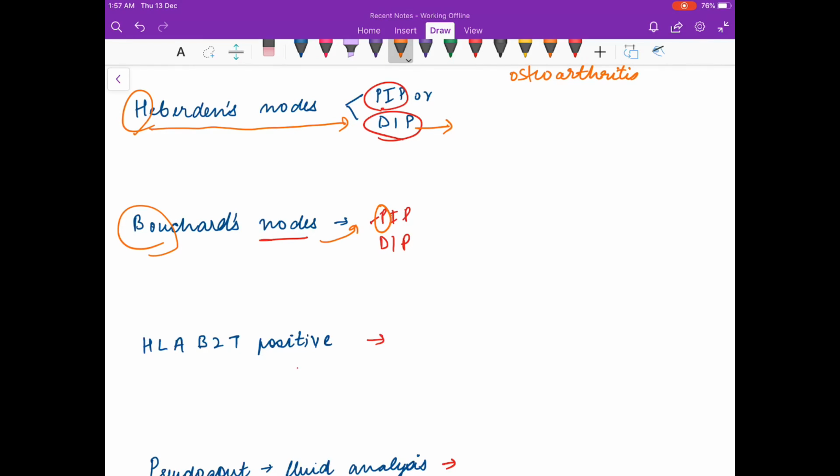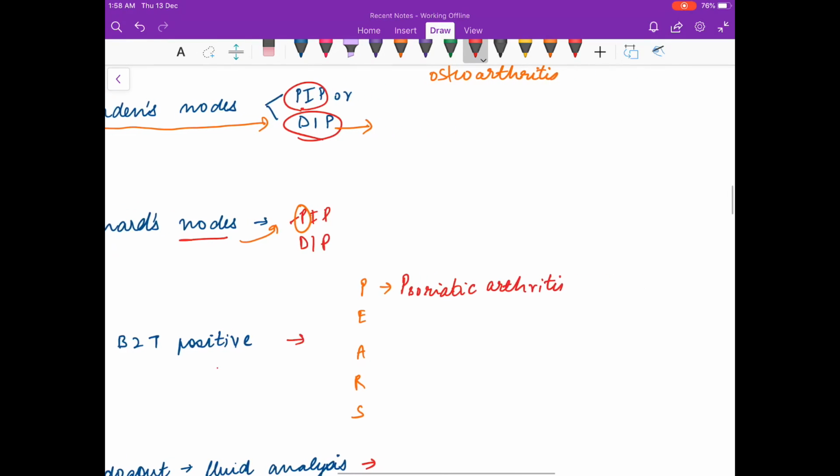HLA-B27 positive diseases are PEAR. PEAR stands for psoriatic arthritis. Psoriatic arthritis, what are the criteria for the joint involvement in psoriatic arthritis?